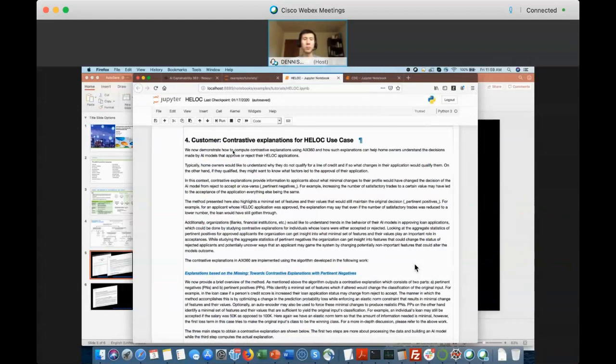That's what the contrastive explanations method can do. It's abbreviated CEM in the toolkit. As it says here, it tells applicants what are the minimal changes to their profile they can make to change the decision, presumably from deny to approve.